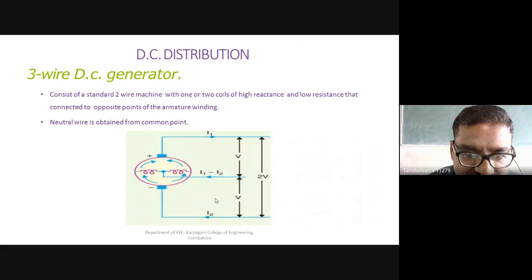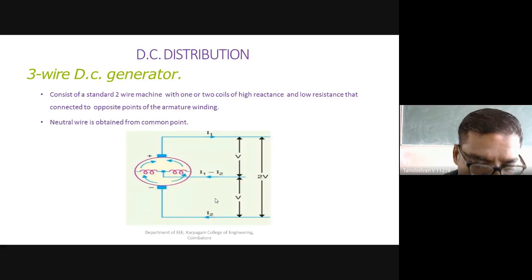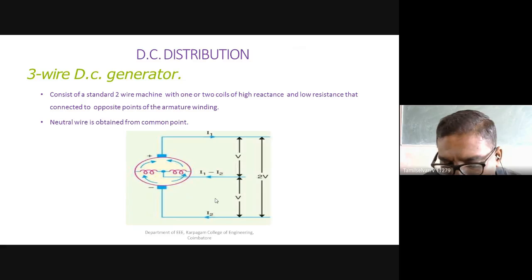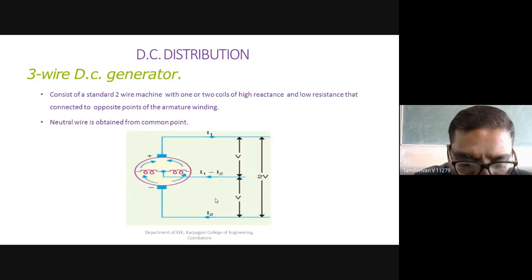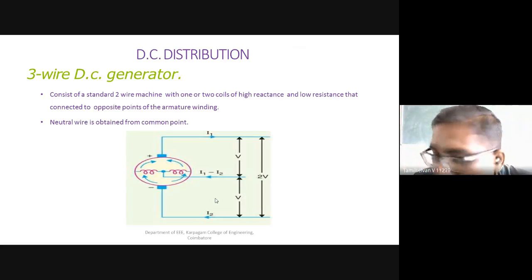Second thing is going to be our three-wire generator. Here, the generator will be developed. In the two-wire machines, one or two coils will be there with high reactance and low resistance.